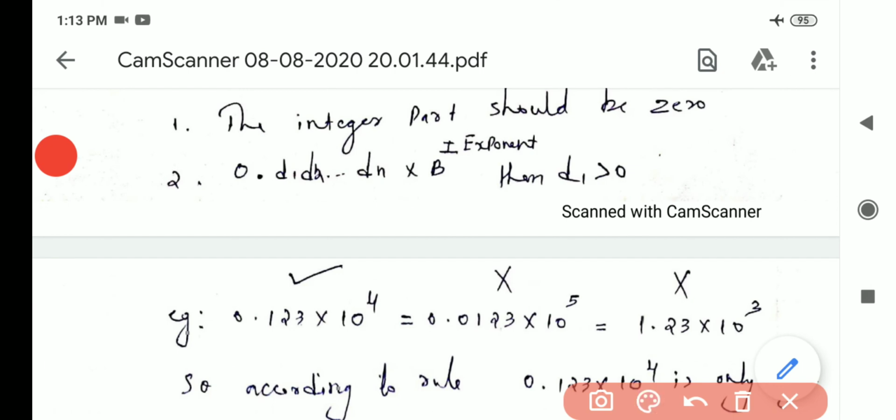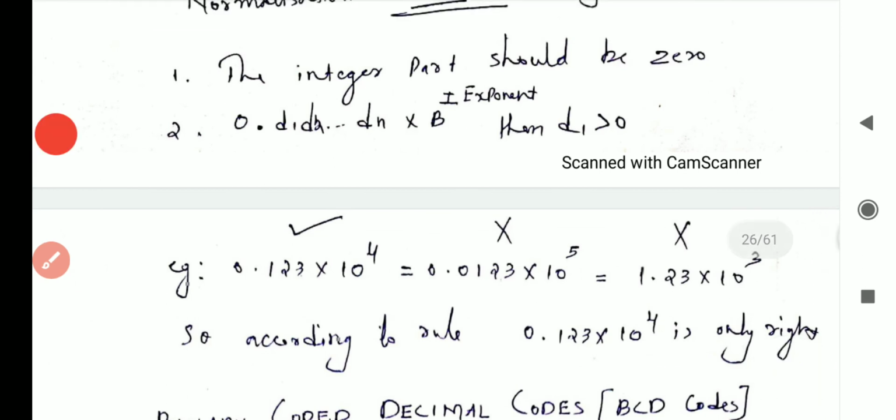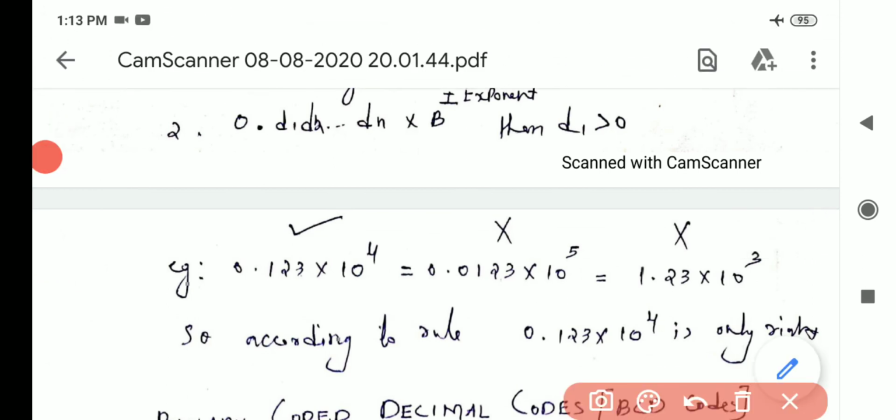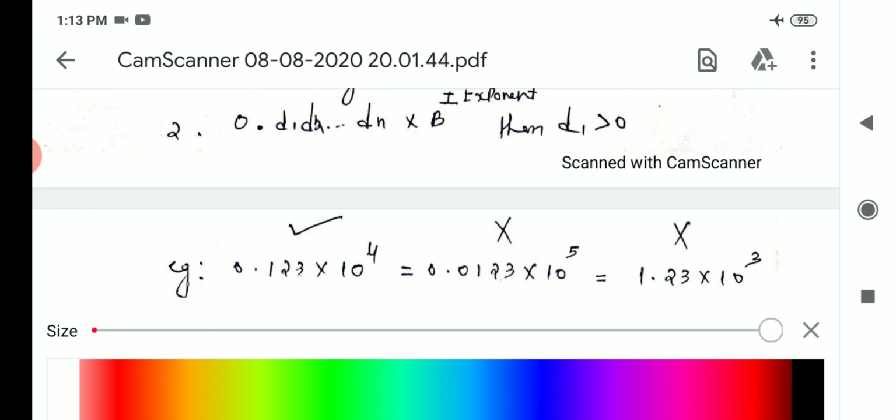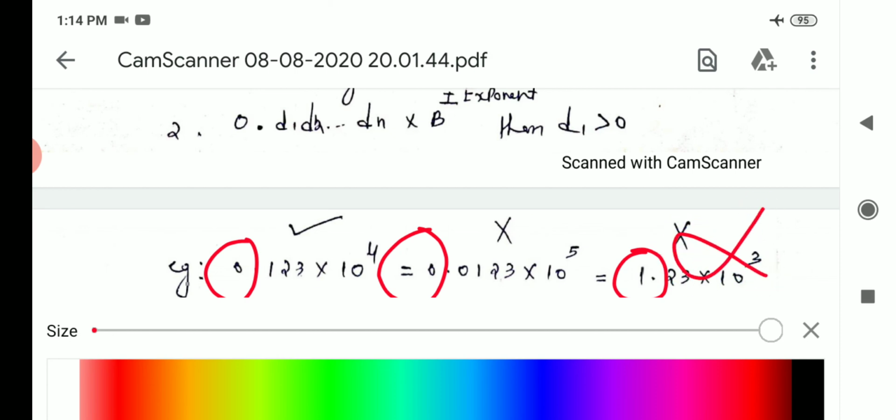Now compare with the example. Here the integer part must be 0. In the integer part of this number, the digits are 0, 0 and 1, so this is wrong.